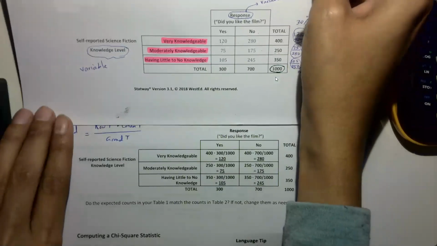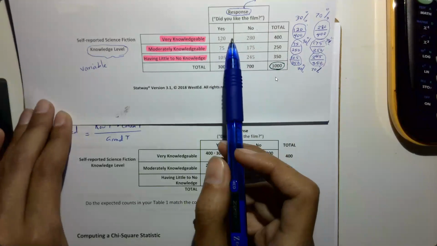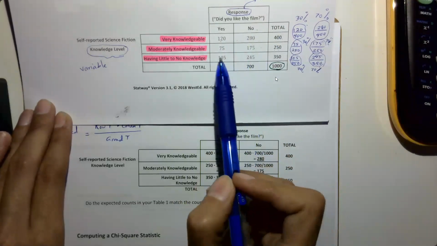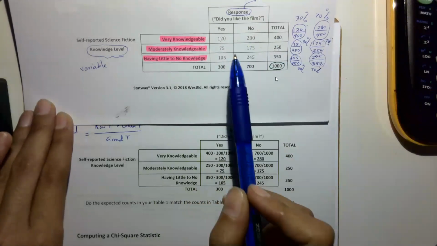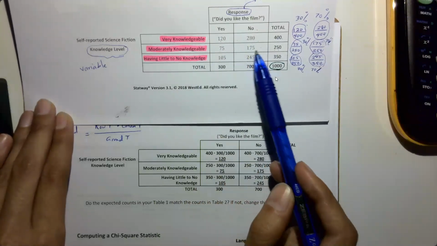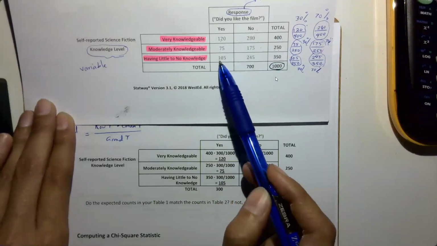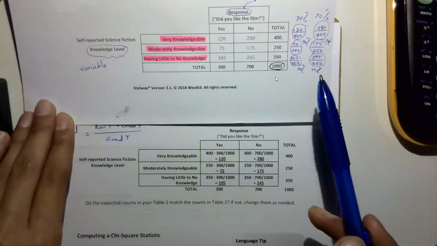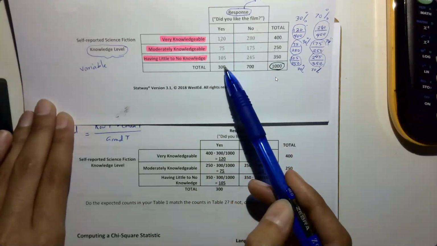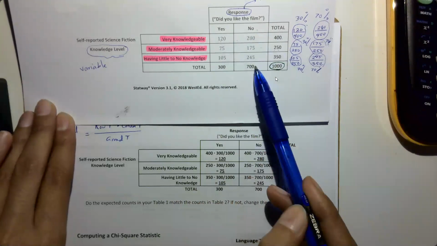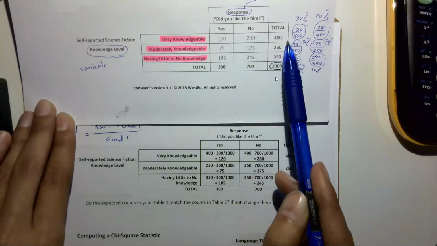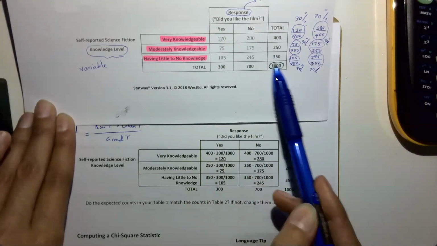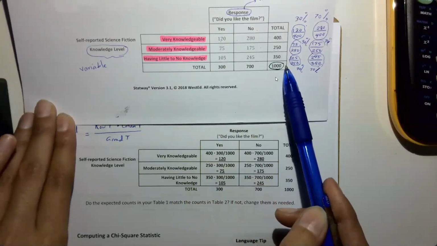So take a look at this. These were the original data that were collected for us. 120 to 80, the total was 400, and 75, 175, the total was 250, 105, 245, the total was 350, and the total for yes, 300, the total for no, 700, and the total number of people who participated in the survey was 1,000.